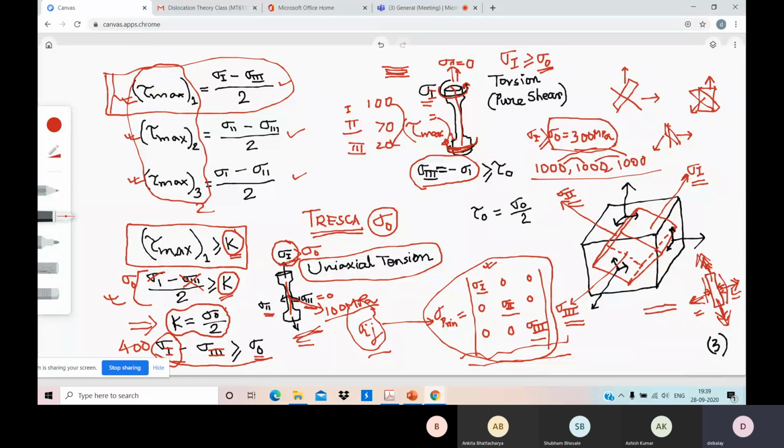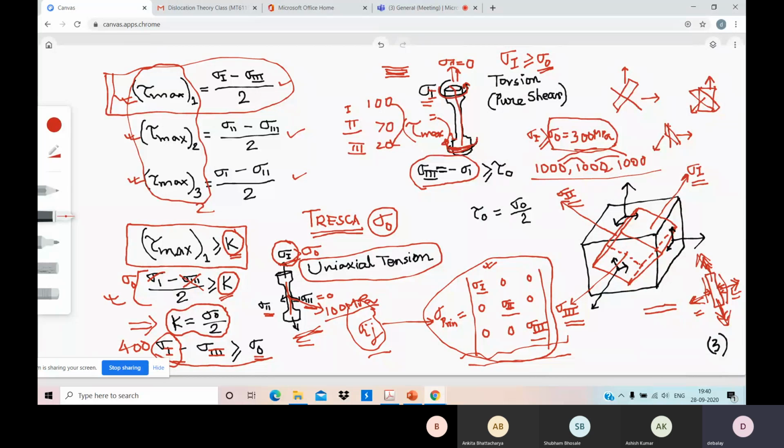So there is a need for a difference in principal stresses for plastic deformation, for permanent change, to occur. Otherwise, if there is hydrostatic compression, a very small amount of elastic shrinkage will occur, so our volume will reduce.